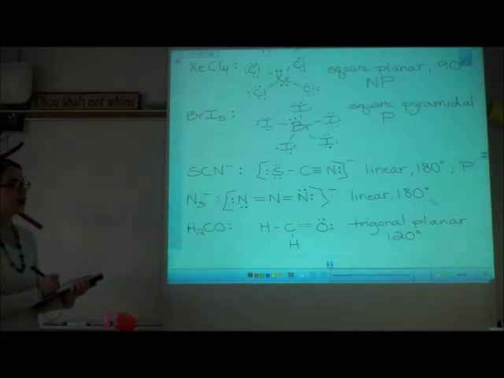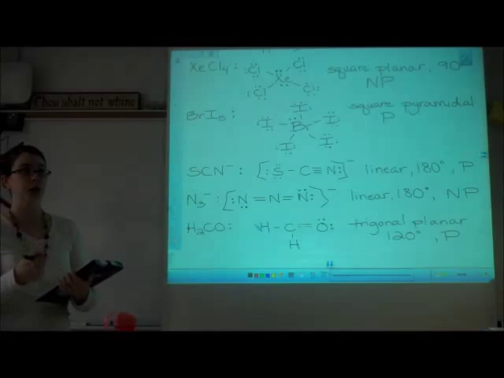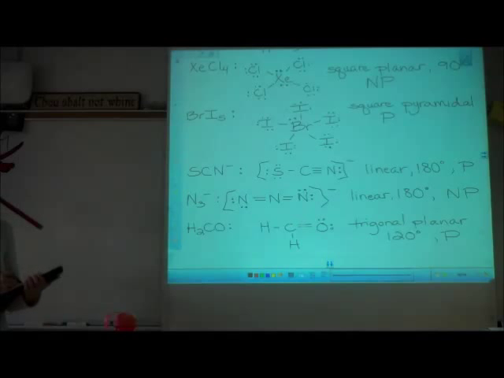N3 minus, what do you think? Non-polar. And the last one. Trigonal planar is usually a shape that cancels the polarity, but carbon is joined to different elements. Okay? Ladies and gentlemen, that is the end of the chapter.